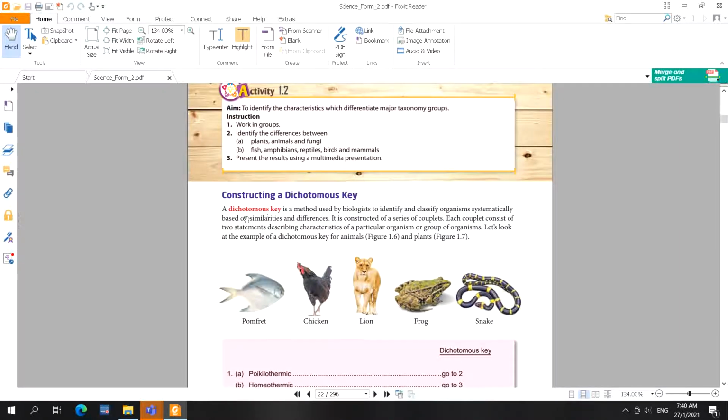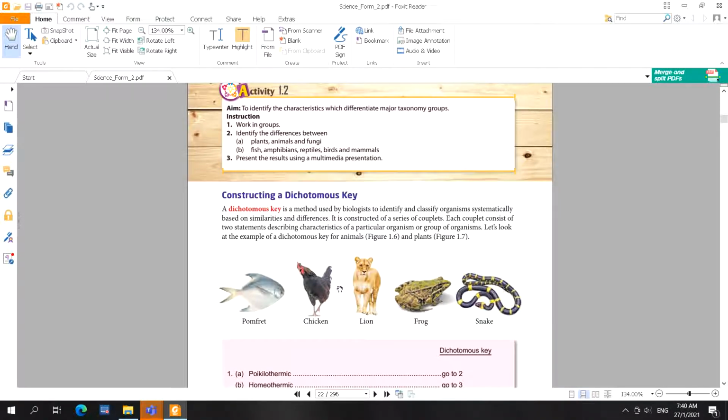Now we go to constructing a dichotomous key. What is a dichotomous key? A dichotomous key is a method used by biologists, meaning scientists of biology, to identify and classify organisms systematically based on similarities and differences.